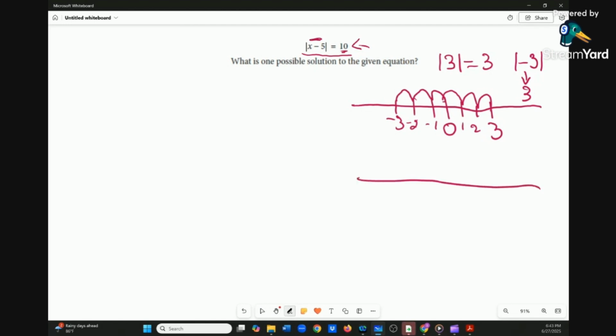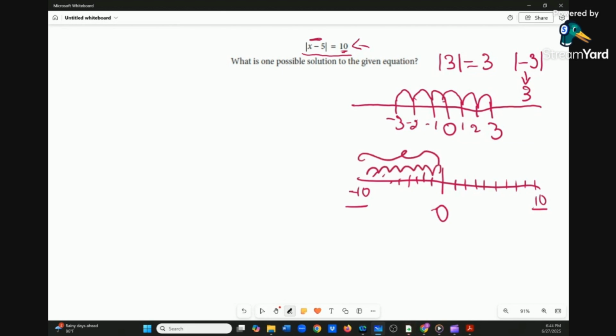Here is my 0, and so 1, 2, 3, 4, 5, 6, 7, 8, 9, 10. That will be 10, and that will be -10. If you're counting the distance, 10 and -10 both have a distance of 10 from 0.